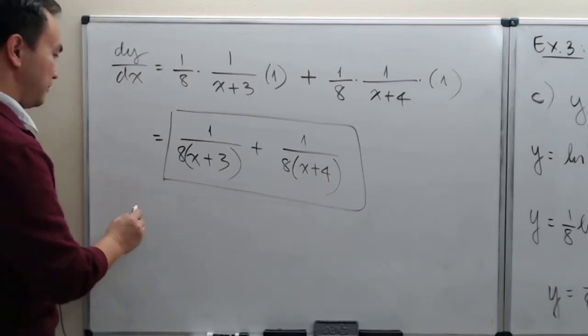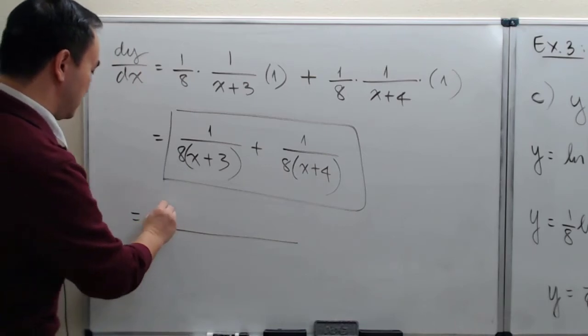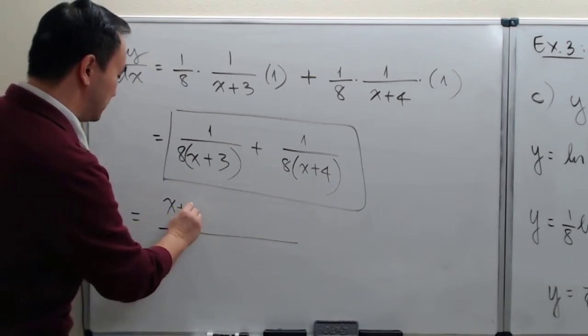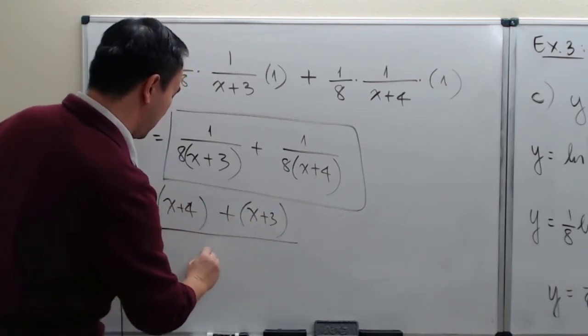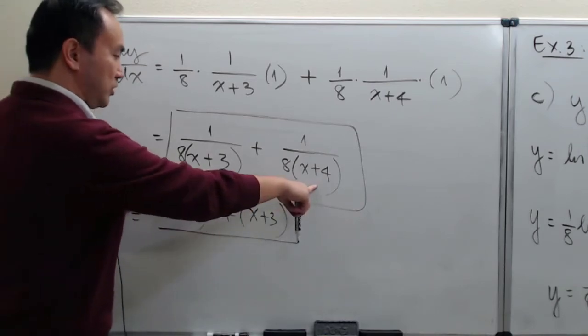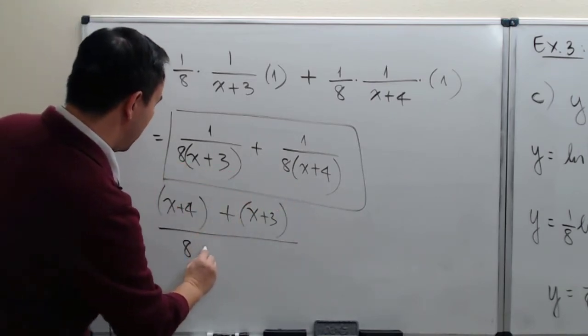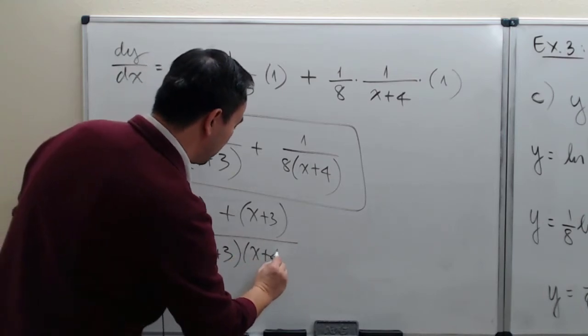Or we can take our time a little bit and use a common denominator. So I have x plus 4 to be added with x plus 3, all over 8 times x plus 3 times x plus 4, since 8 is already a common factor.